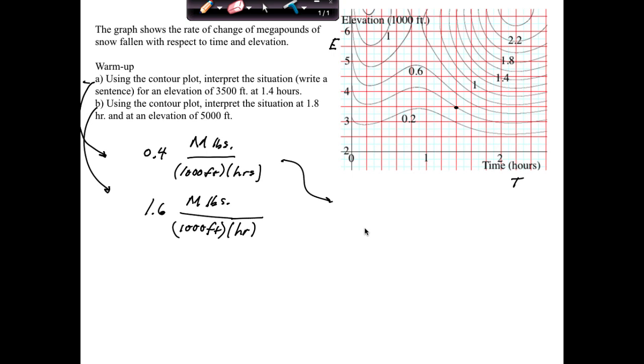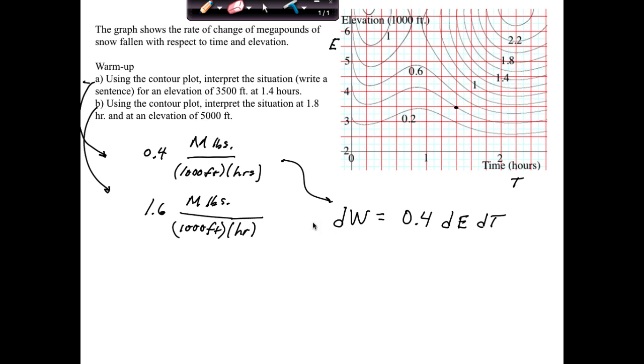So given any change in elevation and time, both from 3,500 feet and 1.4 hours, the resulting change in megapounds, we'll say dW, is 0.4 times dE or dt? Both, right?